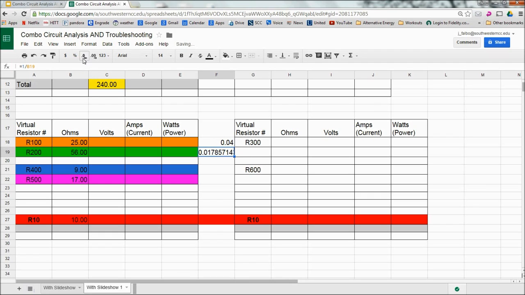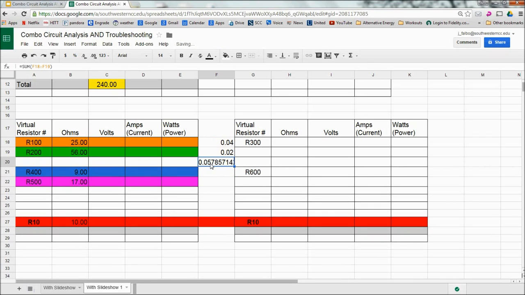Let's reduce our decimal places here. I want the reciprocal of both of these loads. Now I want to add those 2 together. So I'm going to take the sum of those 2. I'm going to put that here. And I guess I should get my decimal places down to 2 decimal places, that is going to be good for this.